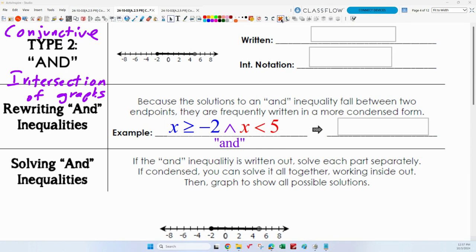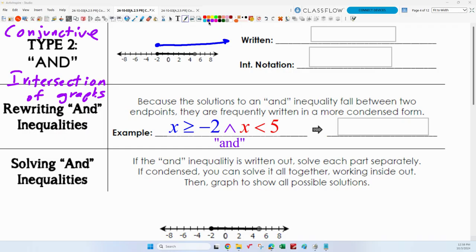Okay, notice that the symbol for and is, we just take an or symbol and we flip it upside down to make it and. Okay? So this says x is greater than or equal to -2 and x is less than 5. Okay? If we graph those separately, would you guys agree that the blue one would look like a solid endpoint at -2, and then we would graph to the right forever?